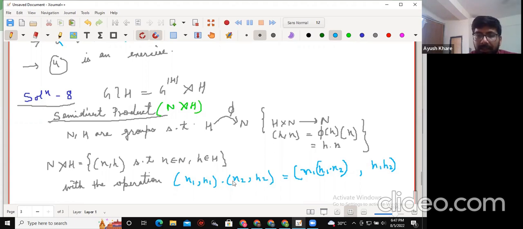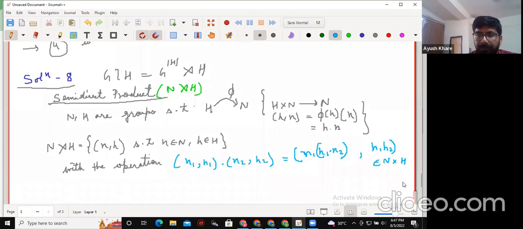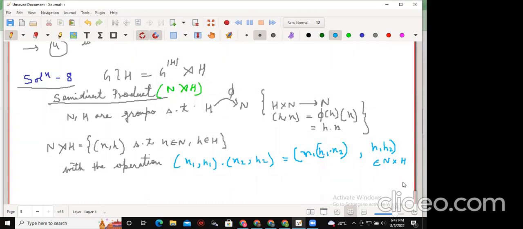And in the first, write n1, h1, and n2, and you have to put this element inside n. So act h1 over n2. Whatever is the outcome, it should be inside n. And once you are done, take its composition with n1, you will again get an element of capital N. So thus this belongs to n cross h. Okay, the definition is clear to everyone? I hope so. Yes, sir.